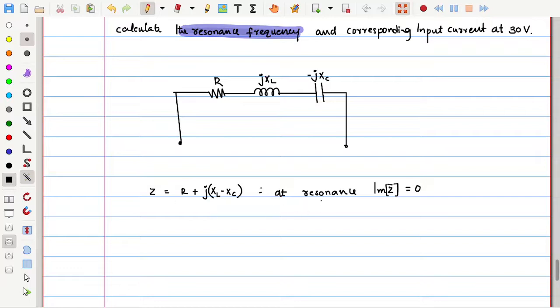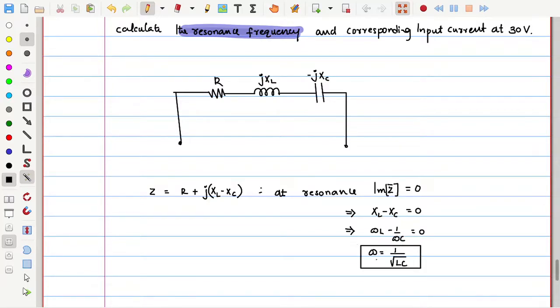What is the imaginary part here? XL minus XC is equal to 0. Then take one step ahead: this is omega L, this is 1 by omega C, equal to 0. Then omega is equal to 1 by square root of LC. That's all, this is the resonance frequency.